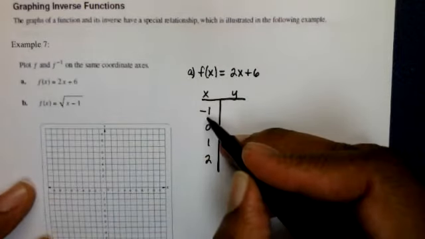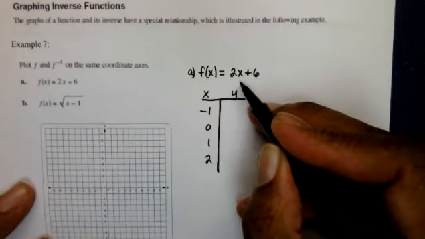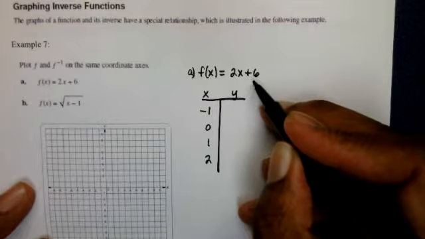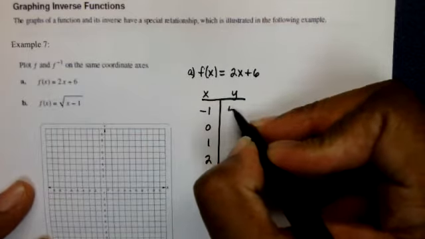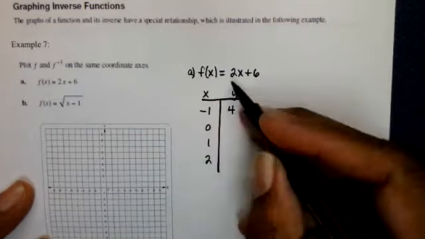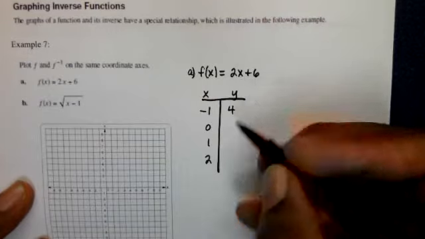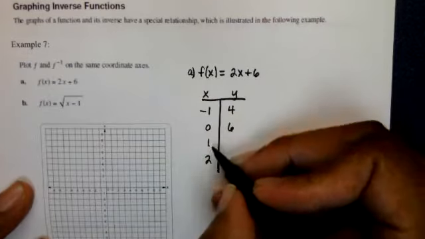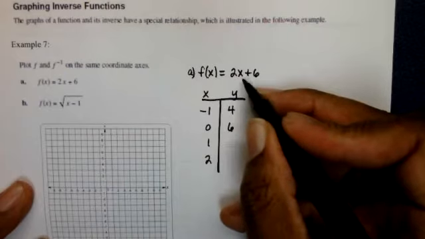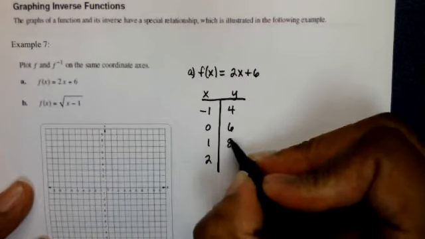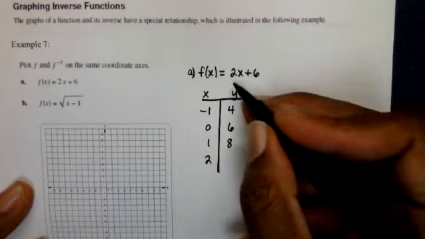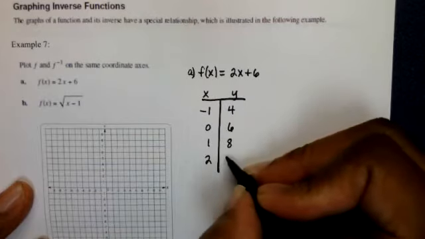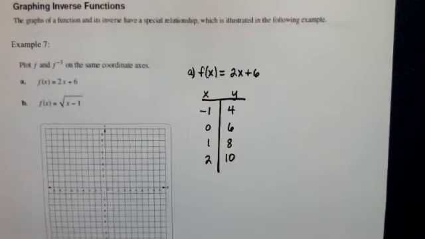So if x is -1, this will be 2 times -1, which is -2, plus 6 will be 4. For x is 0, 2 times 0 is 0, plus 6 will be 6. For x is 1, 2 times 1 will be 2, plus 6, which will be 8. And then for x is equal to 2, 2 times 2, which will be 4, plus 6, which is 10.